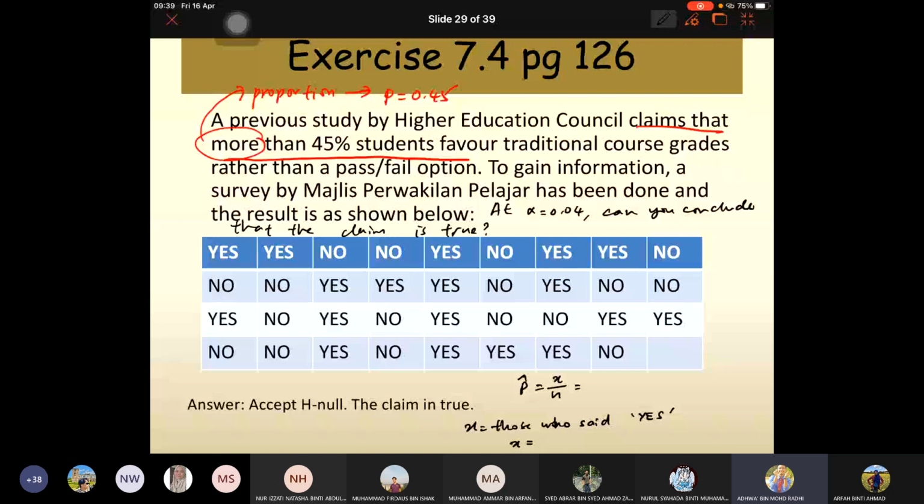X 13, salah. 15, salah. 18, betul. Okay, X sama dengan 18. Sebab jadual ni yang yes no ni pun dikira as data.